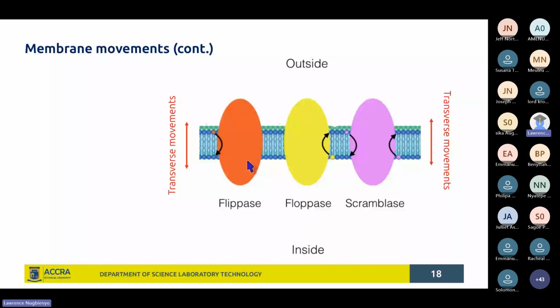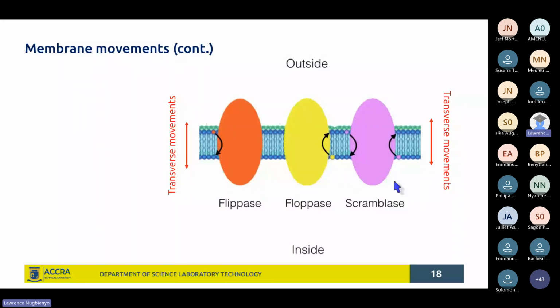The opposite of that, you have the movement of a phospholipid from the inner layer to the outer layer, which is catalyzed by the enzyme floppase. Here too, you have expense of energy in the form of ATP. Now, there's one enzyme, scramblase, which can do both.